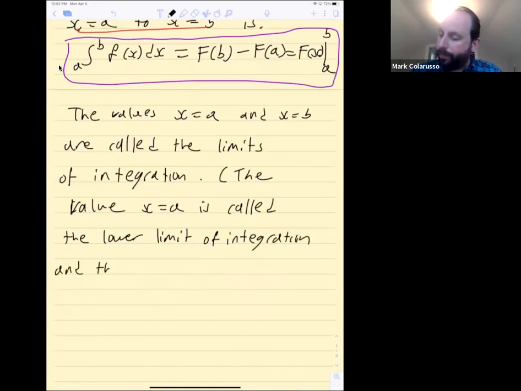And the value x equals b is called the upper limit of integration.